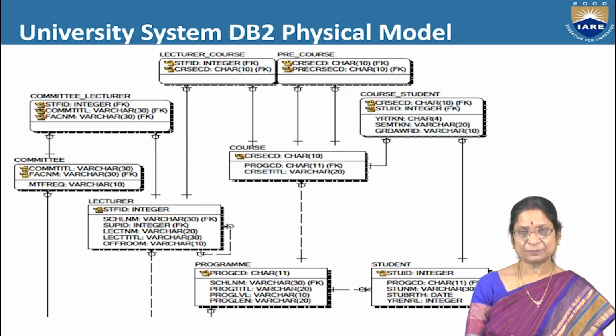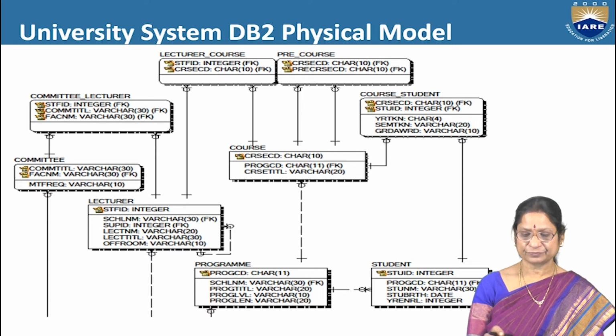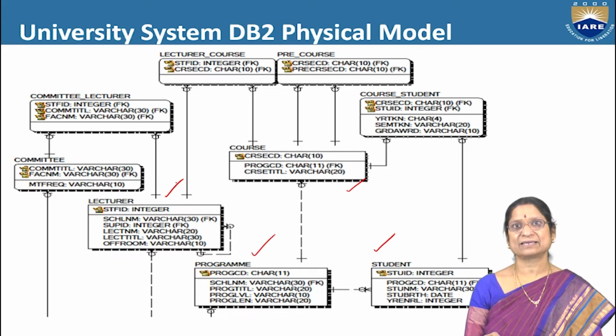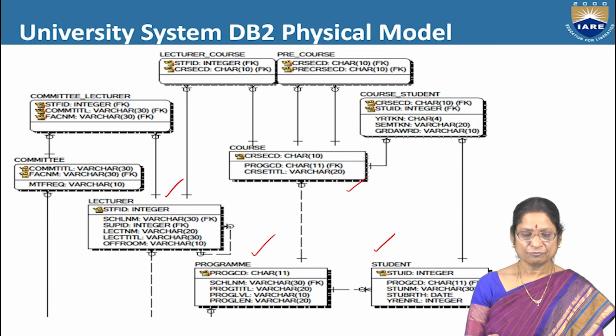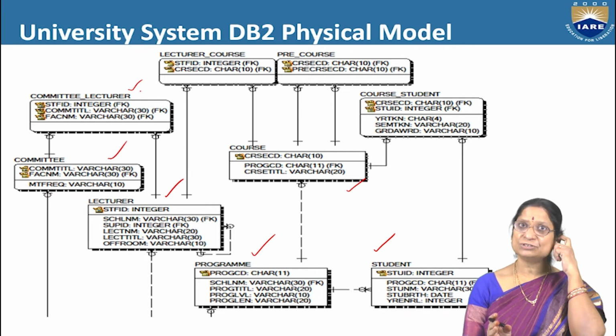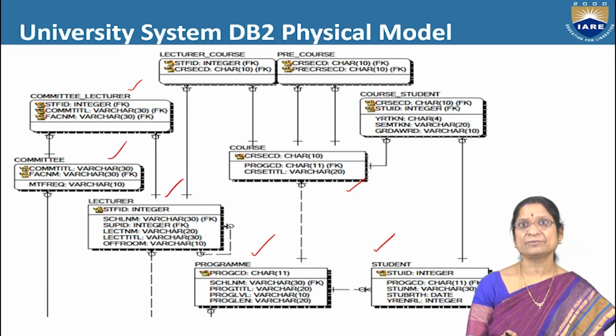So we need to develop tables for course, student, program, lecturers. These are the four basically. From this, again a committee table will be there, and a committee lecturer table, which lecturer belongs to which committee.